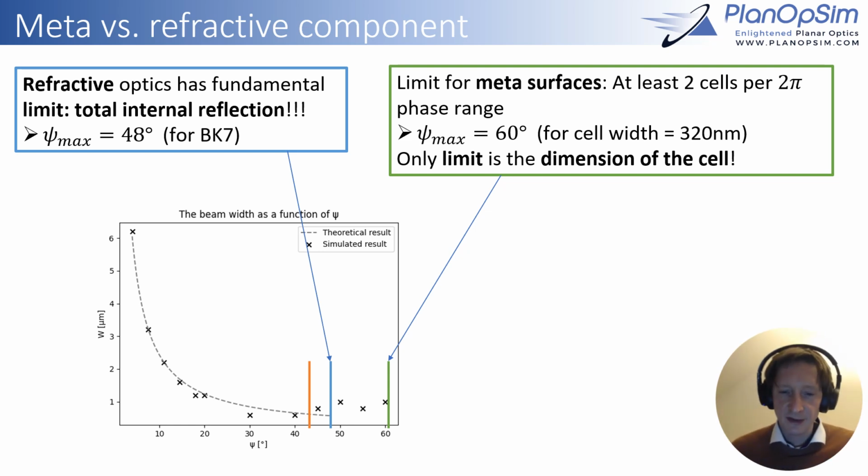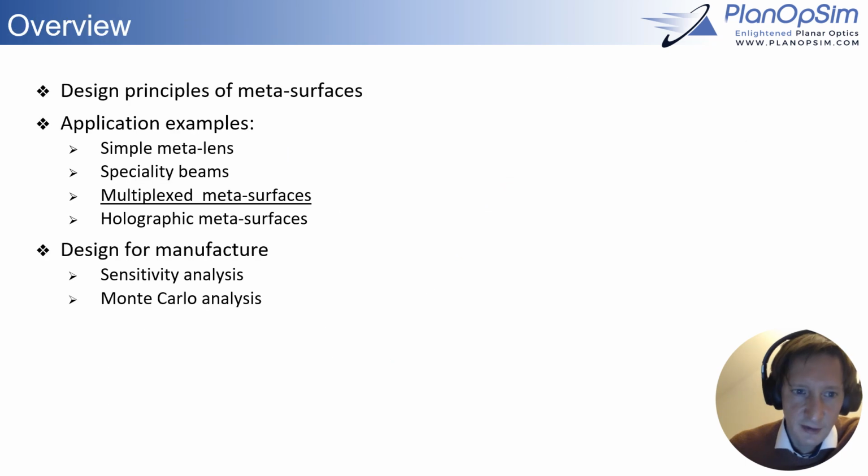This is not a fundamental limit, but rather a practical limit of the design that we have made here, combined with the fabrication limits that are there for our metasurface. So this is the first example. We can use metasurfaces to create classical components, but extend their capabilities beyond what was doable with classical components.